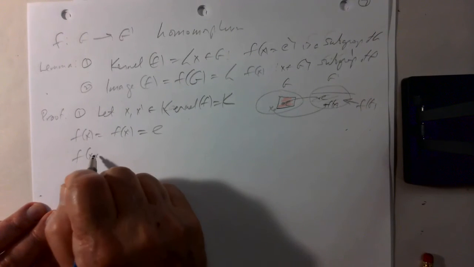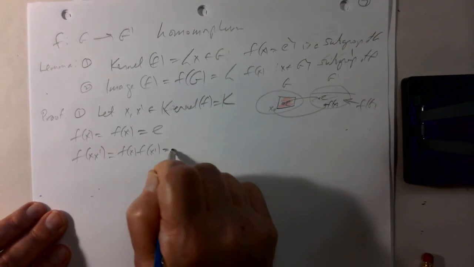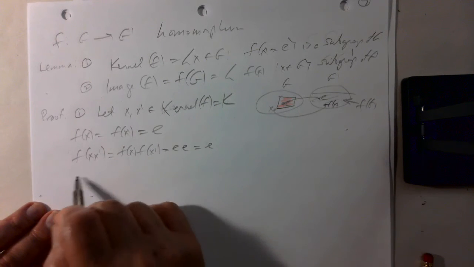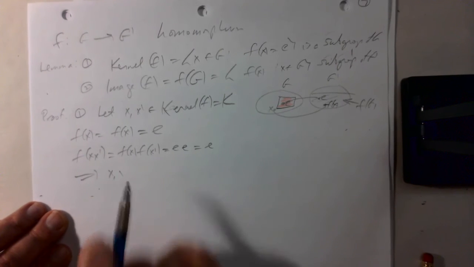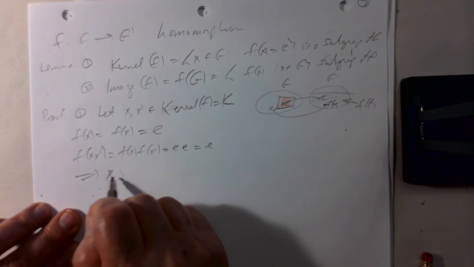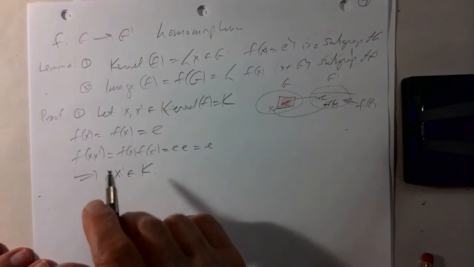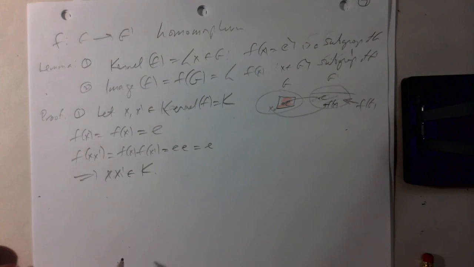So f of x times x prime is f of x times f of x prime. That's the identity times identity, which is the identity. So x times x prime is in the kernel. So the kernel is closed under multiplication.